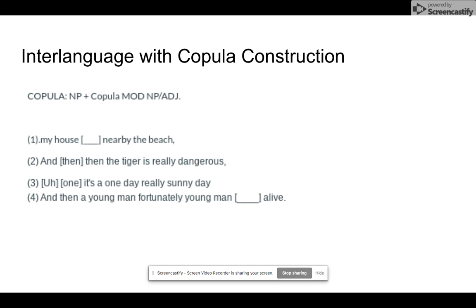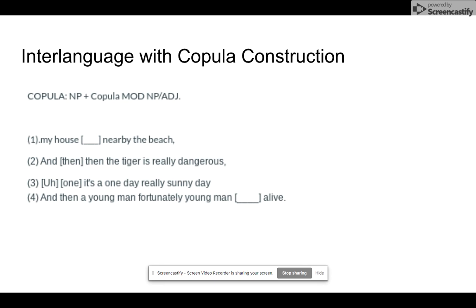So next up, copula construction. One of the most popular constructions would be to be. Looking through this for patterns, the correct usage of the construction is variable because sometimes to be is used correctly, such as in 1 and 3. However, an appropriate conjugation of to be is not used in examples 2 and 4.